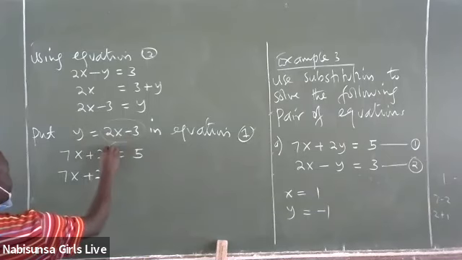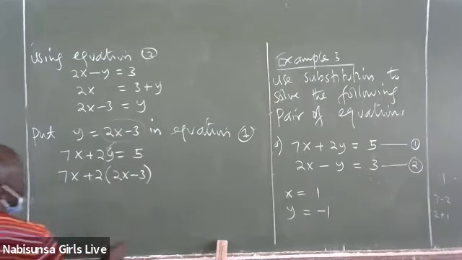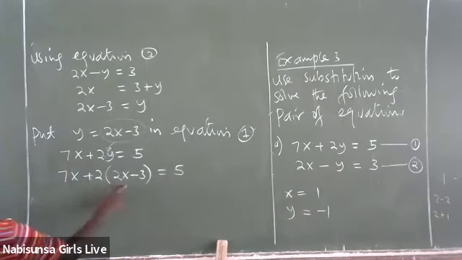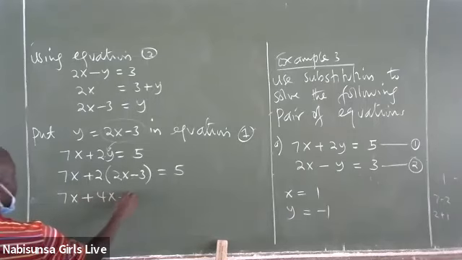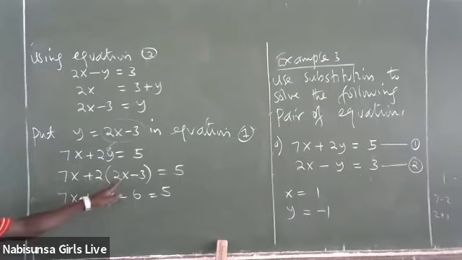This is the y, so I'm placing it here. 2 times 2x minus 3 is equal to 5. Then I open up brackets. I'll have 7x plus 4x minus 6 is 5. 2 times 2x, 4x. 2 times minus 3, minus 6.